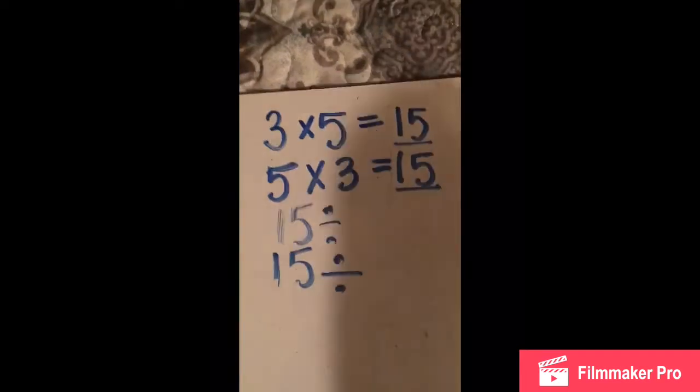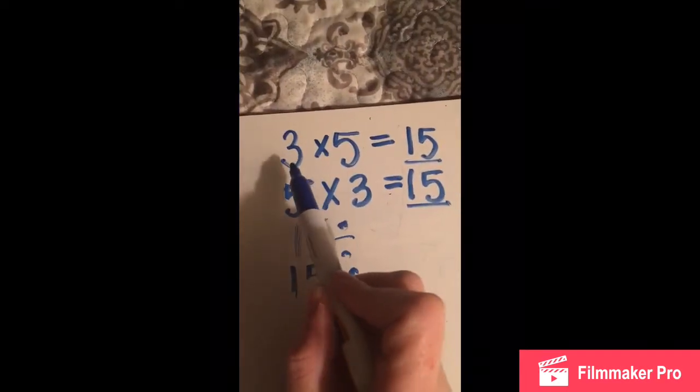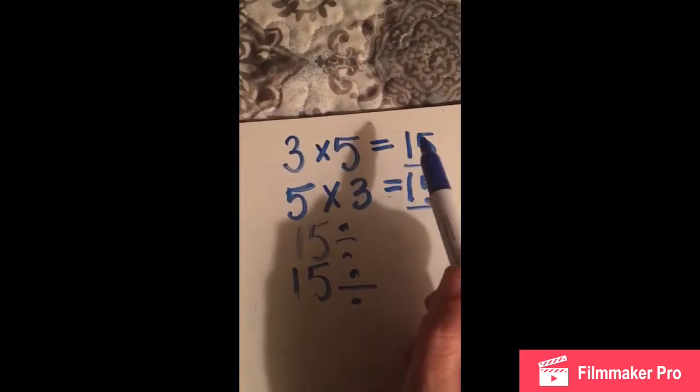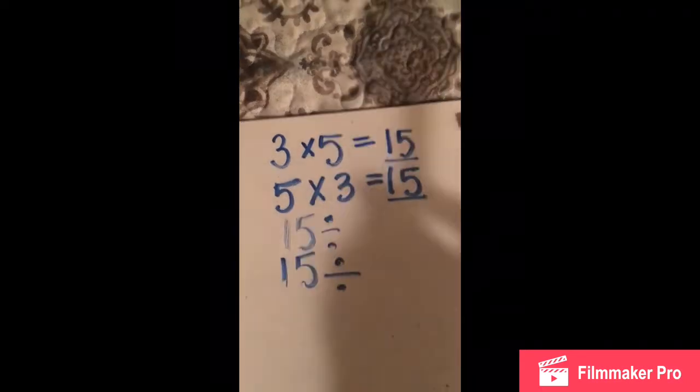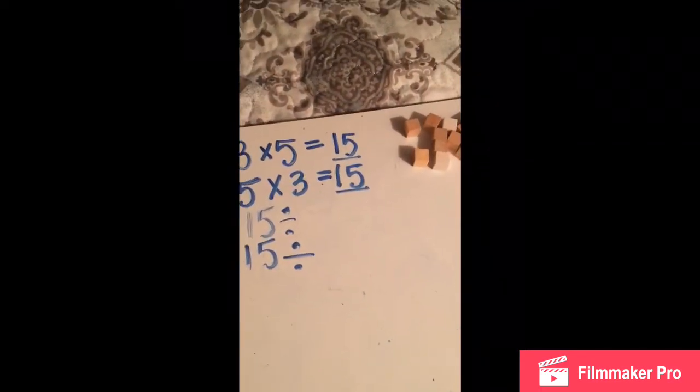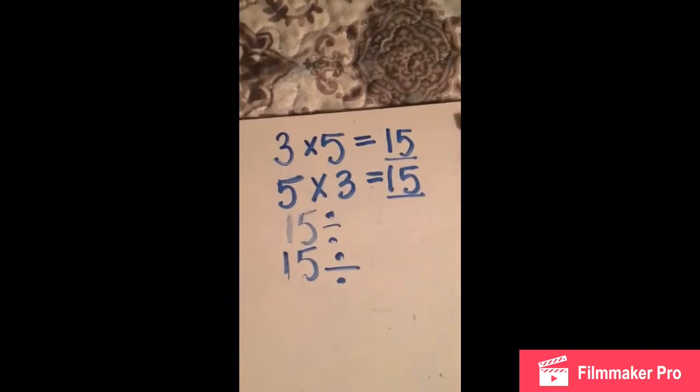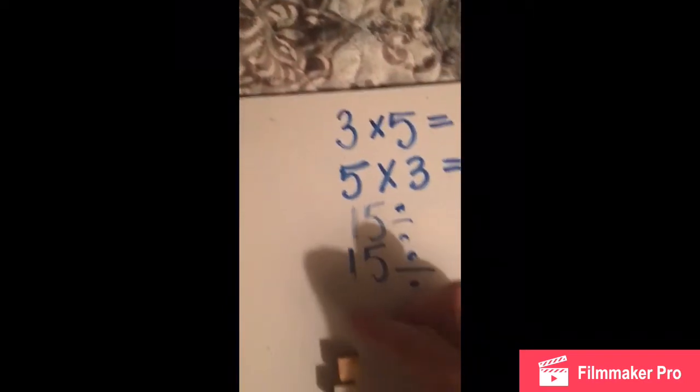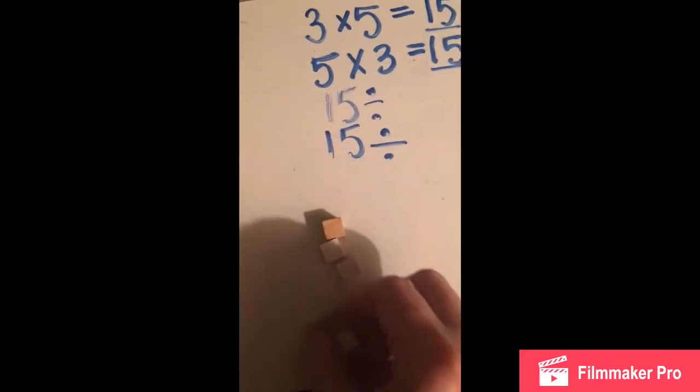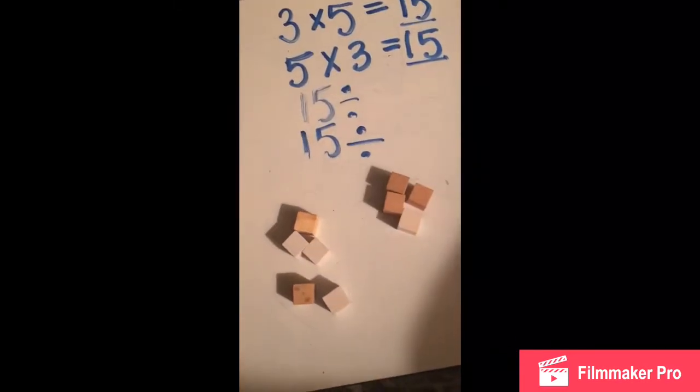And so I have 15 total blocks over here, and I'm going to start with using, let's say, the 5. Let's go backwards. So we have our 15, let's say 5. So let's put 5 into each group. So just count by 5s. 1, 2, 3, 4, 5. 1, 2, 3, 4, 5.